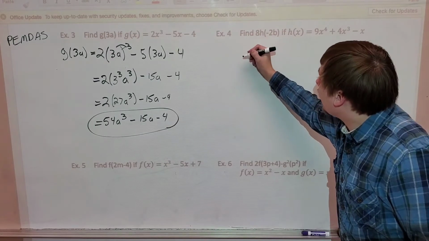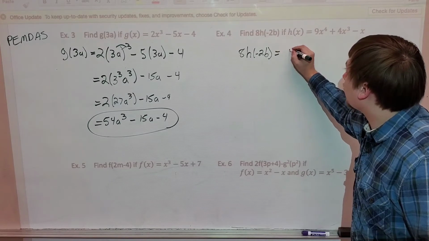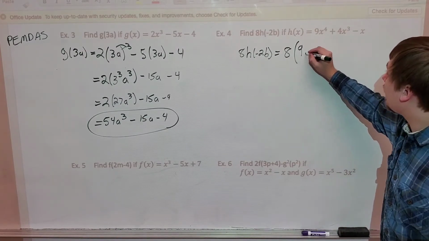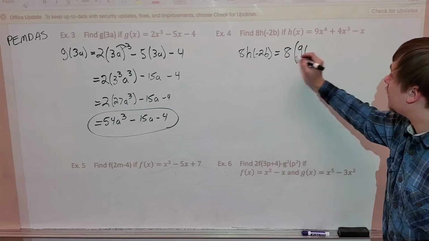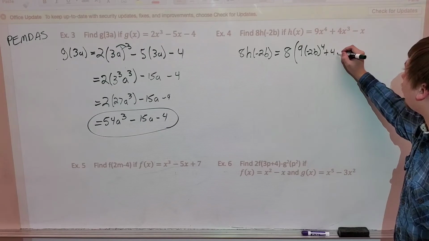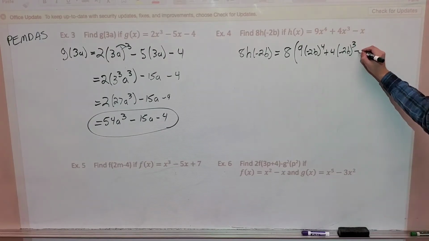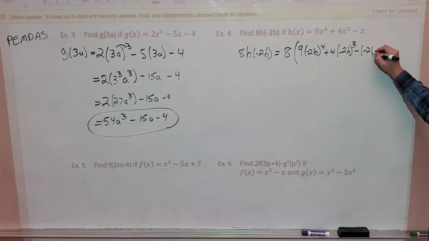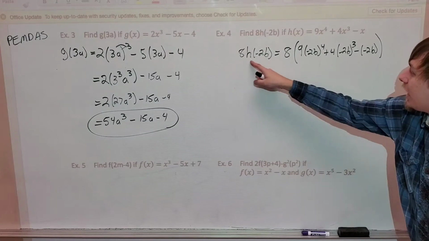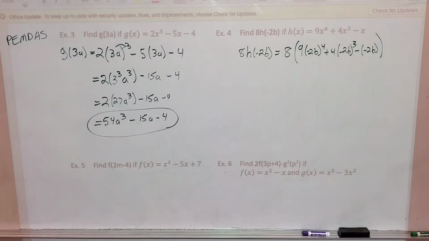So we need an 8h of negative 2b, equals, here we go, 8, and then we need to put h. So 9, and then x changes into a negative 2b, that's to the fourth, plus 4, negative 2b where x goes again, to the third, minus negative 2b. Okay, so here you go again. 8 times h, and we plugged in negative 2b.